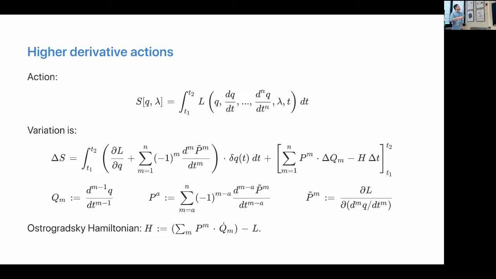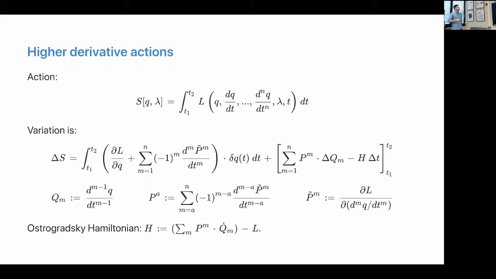So here you have this higher derivative Lagrangian, and when you perform the variation, this is what you get. So you get higher derivative equations, and this boundary term is written in terms of these quantities that are defined here.